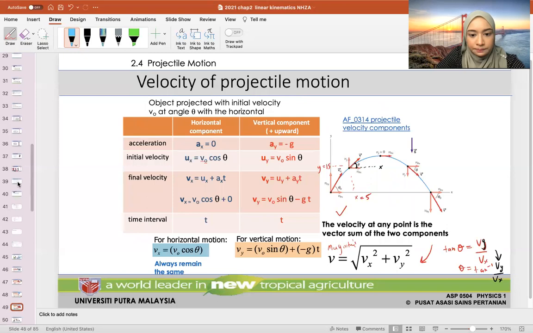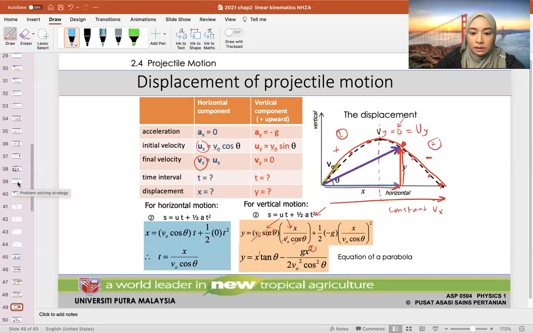It's not this one. Okay, so yang T yang kat sini kan. X over V naught cosine theta. Yang ni datang daripada linear kinematic juga tau. Which one is it? V equals to U plus at bukan. It's S equals to UT.